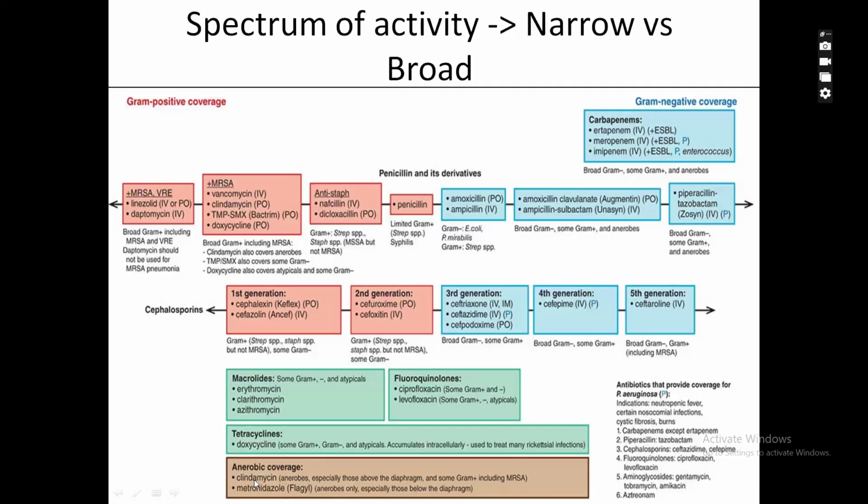We also have the anaerobic agents, clindamycin and metronidazole. But in a normal patient in an ICU, we do not need separate anaerobic coverage for an aspiration pneumonia or something like that, because piperacillin tazobactam and meropenem also have good anaerobic coverage.